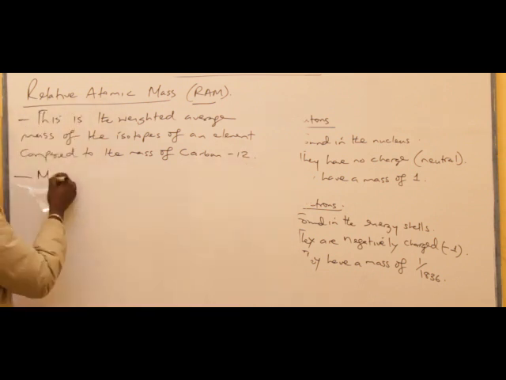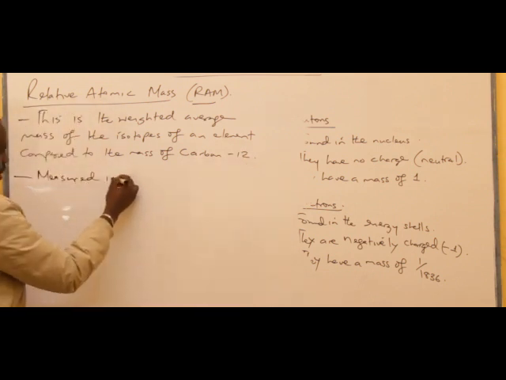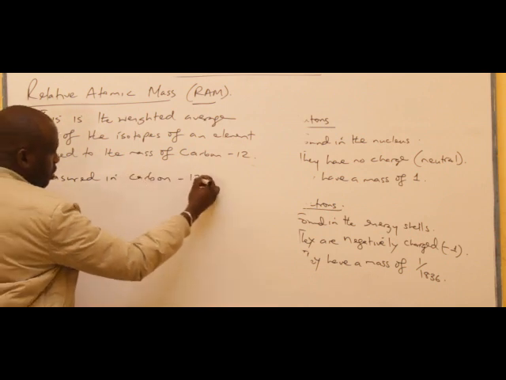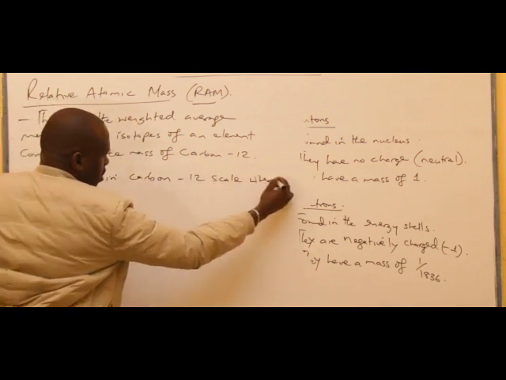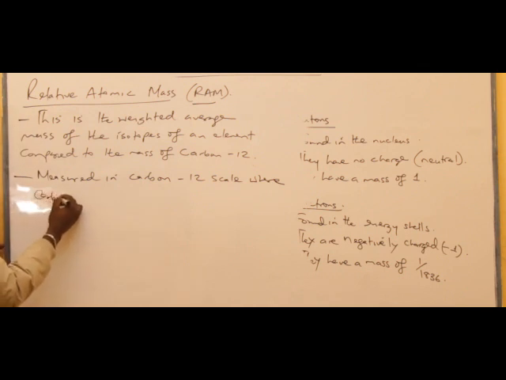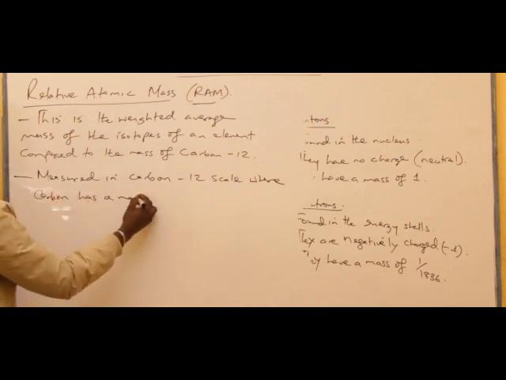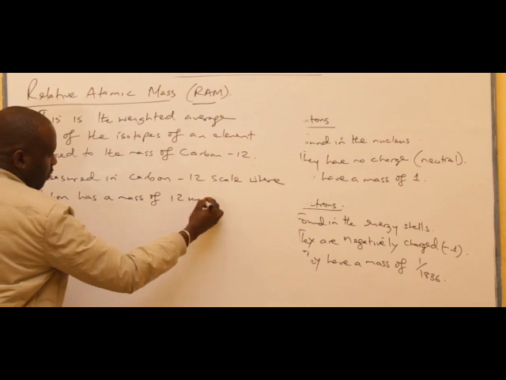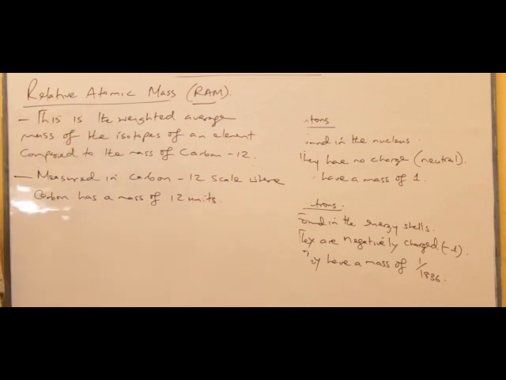It is measured on the carbon-12 scale, where carbon has a mass of 12 units, or where carbon has got a mass of 12. We call it the carbon-12 scale.